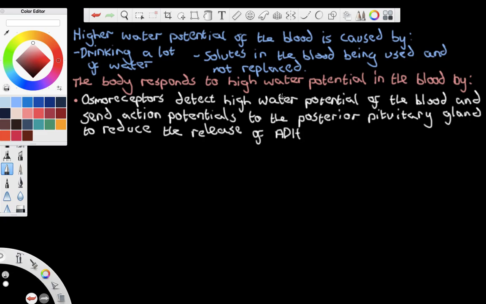Now, if we've got less ADH in the blood, that means that the cells in the distal convoluted tubule are less permeable to water, which means less water is reabsorbed.